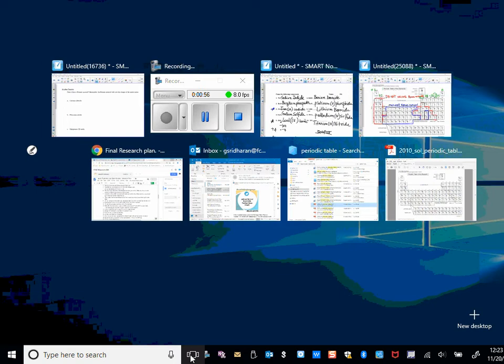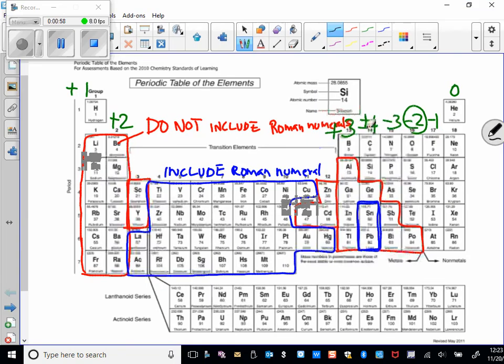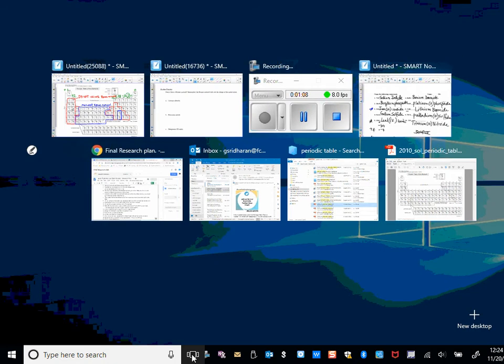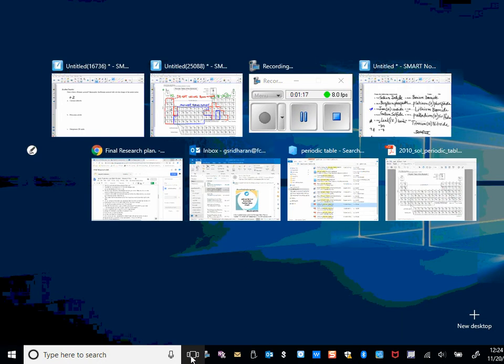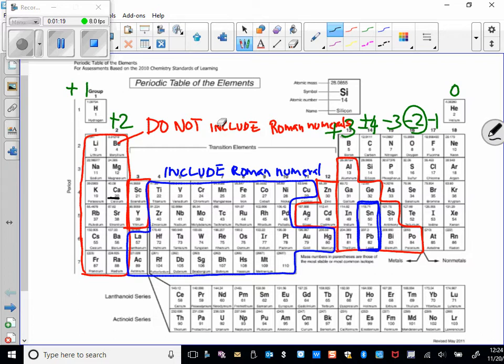So I'm going to go to my periodic table and I located calcium. What is the charge on calcium? Calcium is a plus 2. So I'm going to go back and say calcium is a plus 2. What about chloride? Where is chloride?